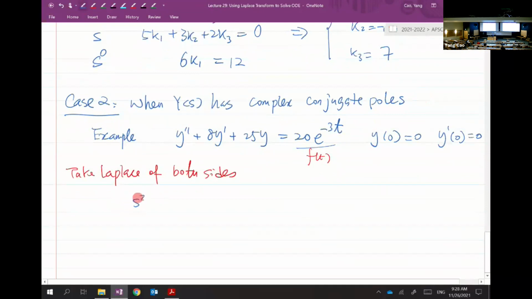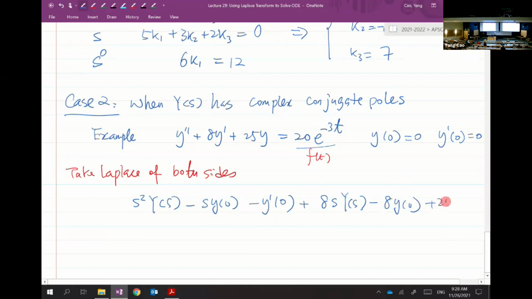Then we get s squared Y of s. The Laplace of a second order derivative, according to the property, is s squared multiplied by Y of s, minus s Y of 0, then minus Y prime of 0. The Laplace of the first order derivative is 8 times s Y of s minus 8 times Y of 0.